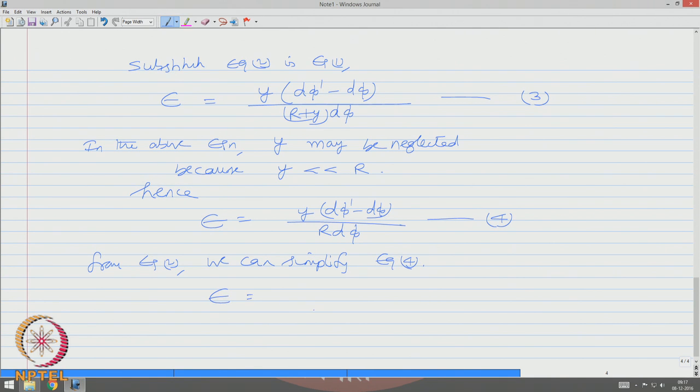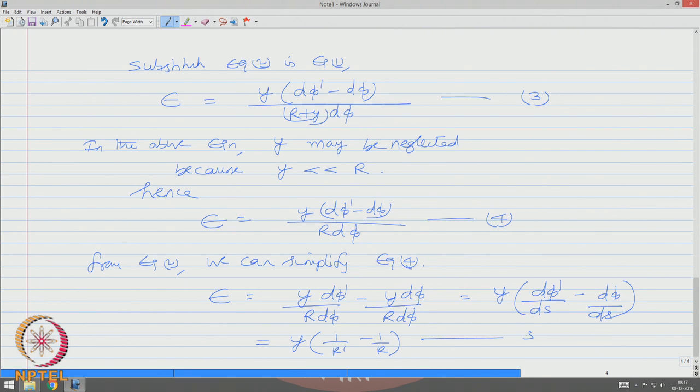Epsilon now can be y, I should say d phi dash by r d phi minus y d phi by r d phi, which I can say as y of d phi dash by ds minus d phi by ds, which can be simply y of 1 by r dash minus 1 by r. I call equation number 5.